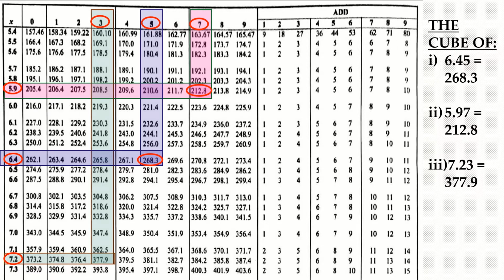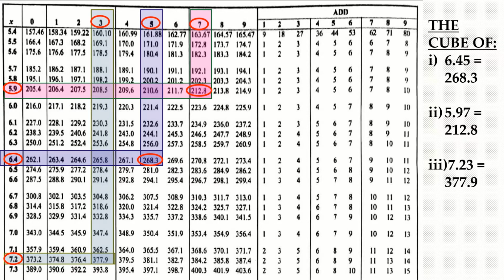Then along the x row on top we have the 3. So I cross check. There is a number that coincides with the two values, 7.2 and 3, on the left and on the top, directly vertically.